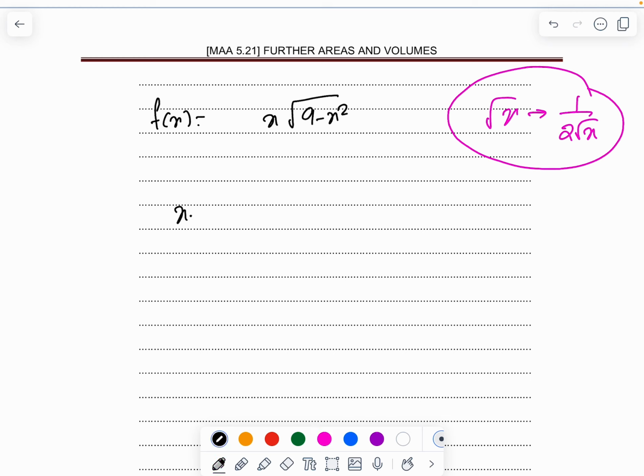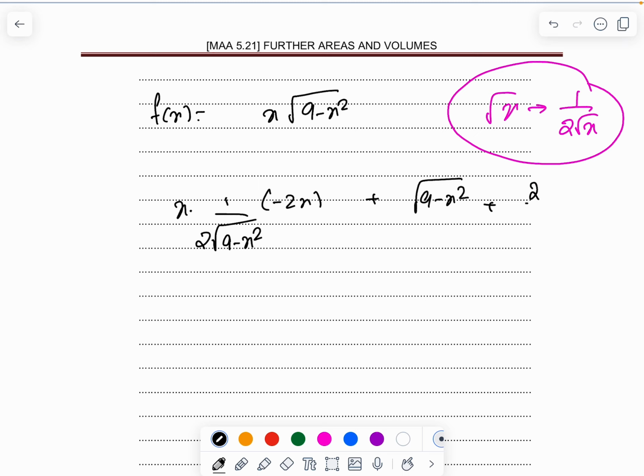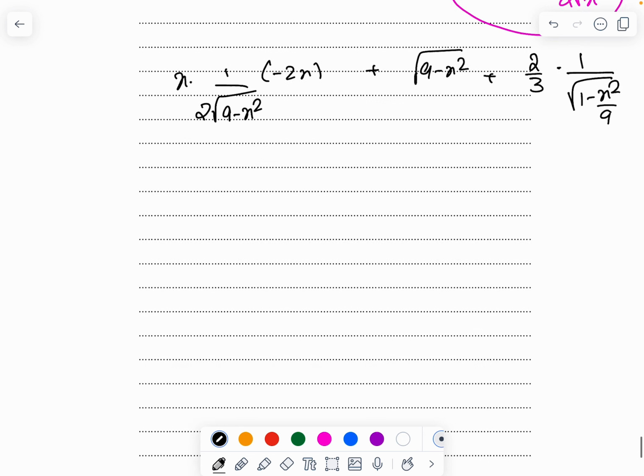So x times 1 upon 2 square root of 9 minus x squared times minus 2x, plus square root of 9 minus x squared, plus 2 upon 3 times the sine inverse derivative, which is 1 upon root of 1 minus x squared. So it will become minus x upon square root of 9 minus x squared plus square root of 9 minus x squared plus 2 upon square root of 9 minus x squared.